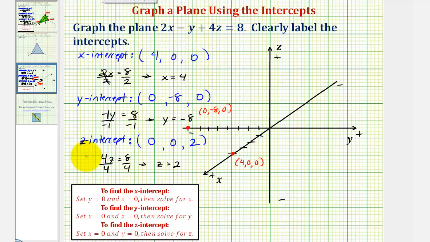And then finally, the z-intercept is the point (0, 0, 2), which should be up 2 units on the positive z-axis. So we have the point again (0, 0, 2). And now we'll form the triangle to represent our plane.